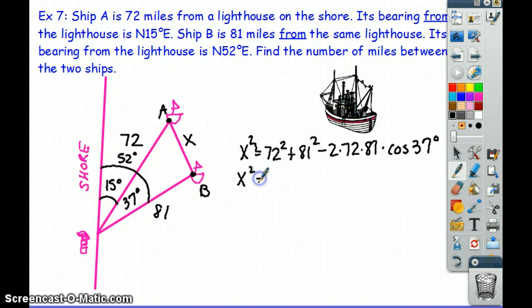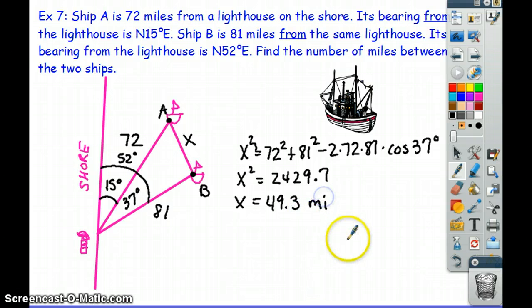I plug and chug, giving me 2,429.7, and then taking the square root of that. Don't forget that step, or else these two ships would be really far apart. They're 49.3 miles apart.